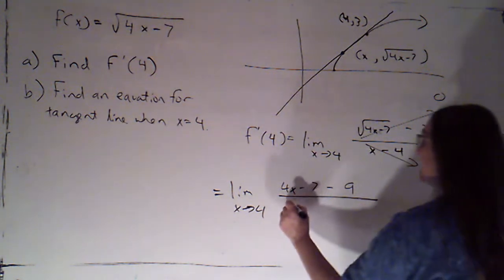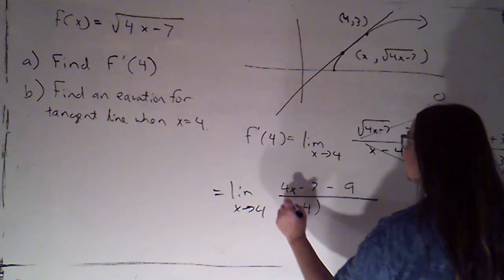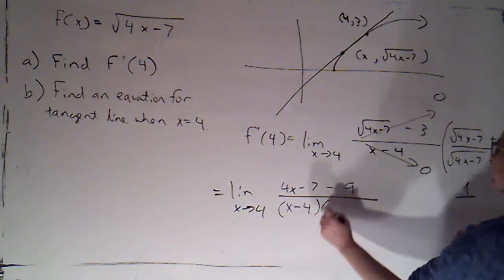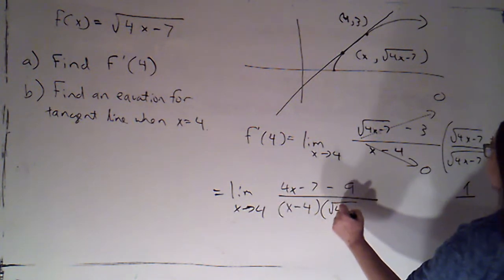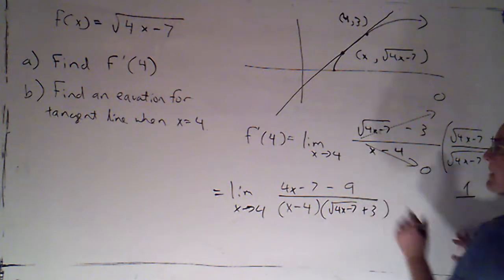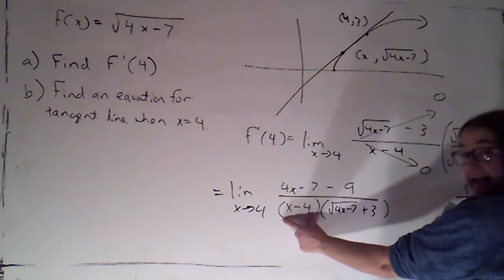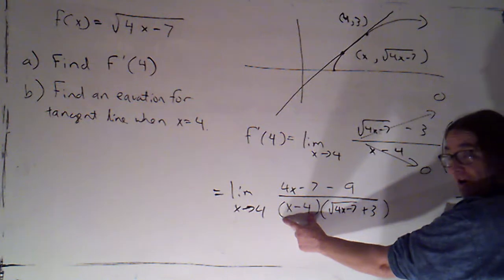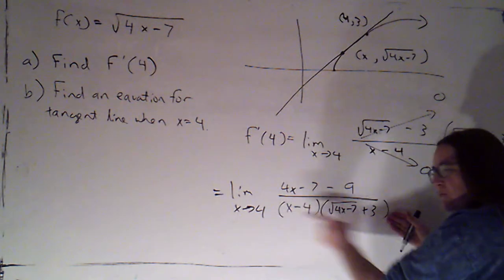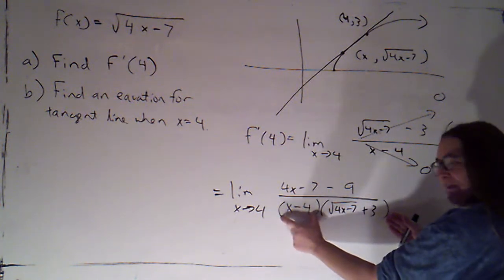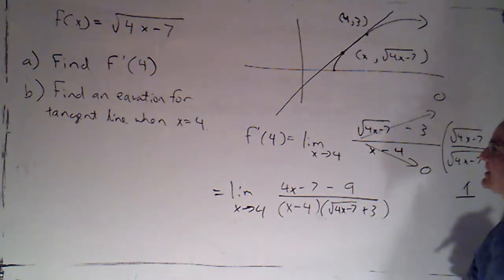On bottom, I'm going to remember to be strategically lazy and keep this in factored form. Because remember, I'm hoping that I'm going to be able to cancel this factor of x minus 4, so I don't want to make the bottom more complicated. I want to keep that piece separate. Okay.